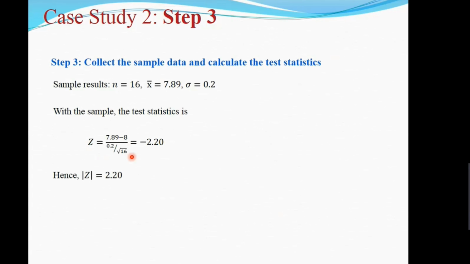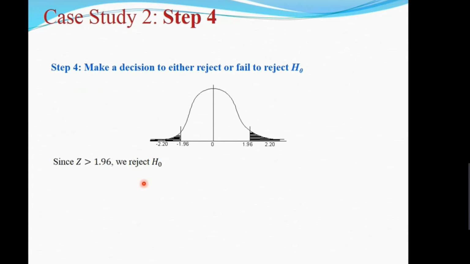You see how we are finding. X bar mean is 7.89, n is 16, sigma is 0.2. If you do those calculations, we get minus 2.20. Whether positive or negative, whatever comes, you take the modulus of that. So 2.20 is coming, and 2.20 is greater than 1.96.